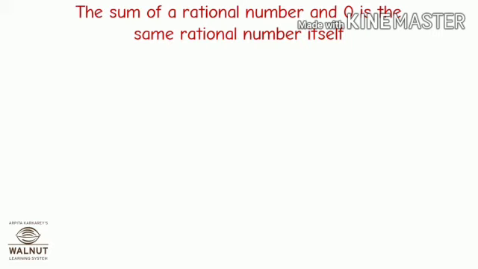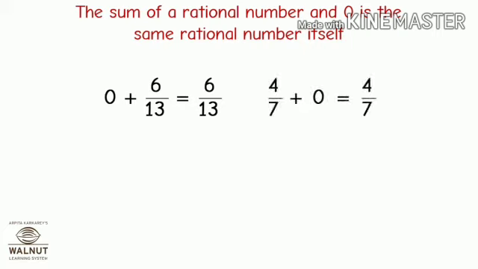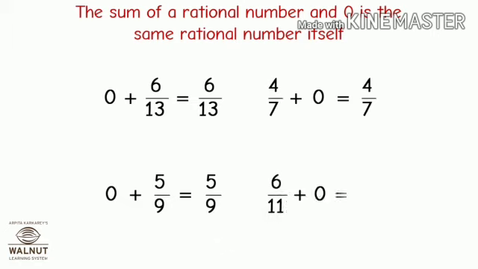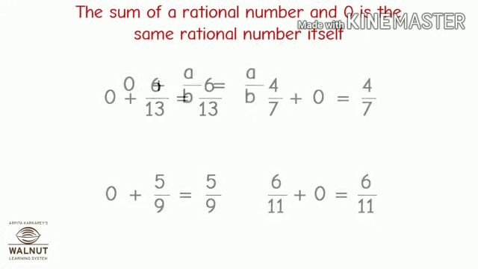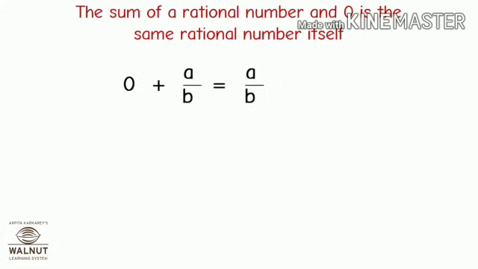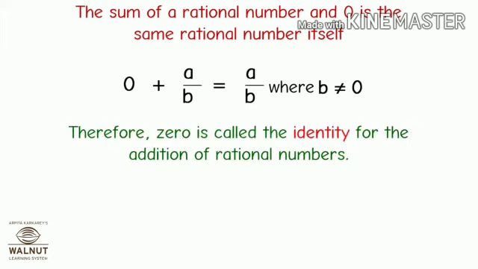The sum of a rational number and 0 is the same rational number itself. Let's see now. 0 + 6/13 = 6/13. 4/7 + 0 = 4/7. 0 + 5/9 = 5/9. 6/11 + 0 = 6/11. 0 + a/b = a/b, where b is not equal to 0.